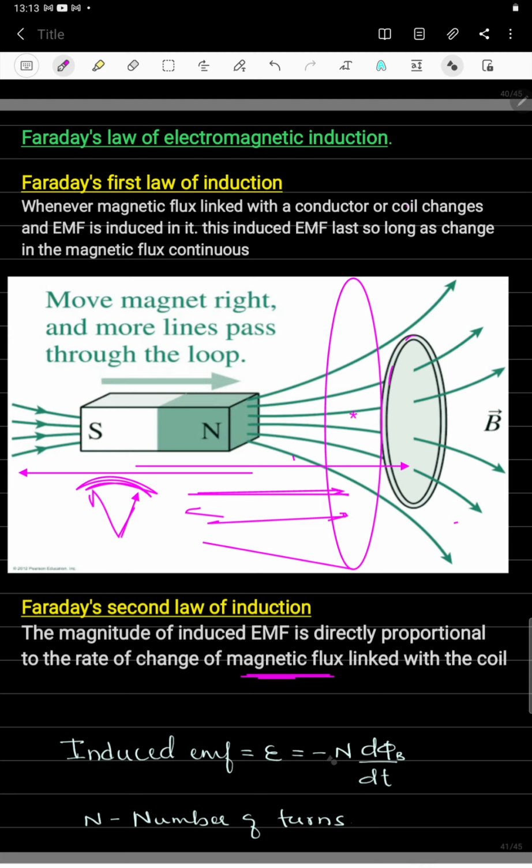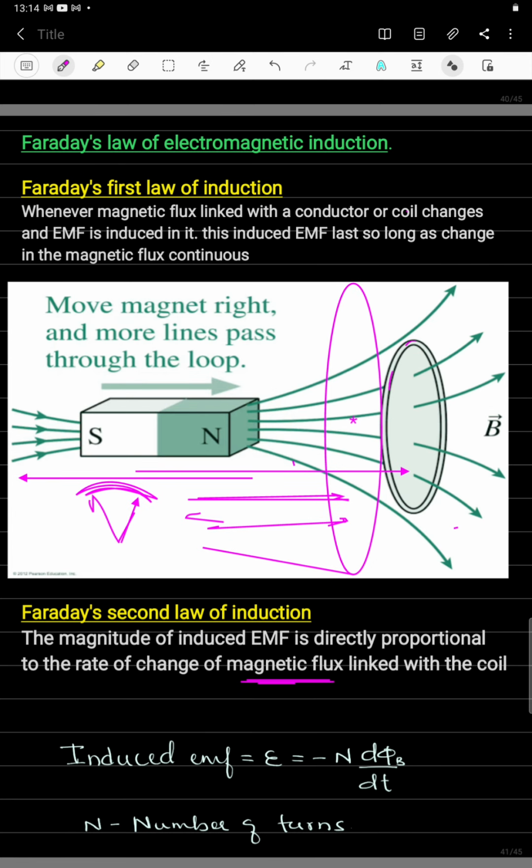The minus sign gives the direction of the induced EMF. N is the number of turns used in the conductor. So these are the two Faraday's laws, first law and second law.